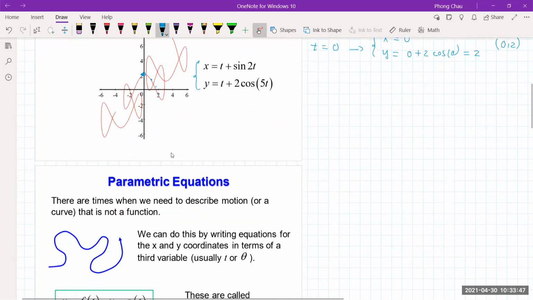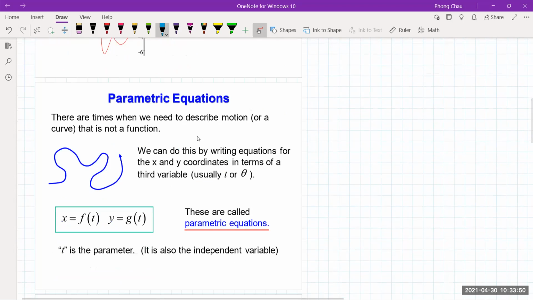So formally, parametric equations. There are times when we need to describe motions or a curve that is not a function, like this. We can do this by writing equations for the x and y coordinates in terms of a third variable. Usually we use t or theta.